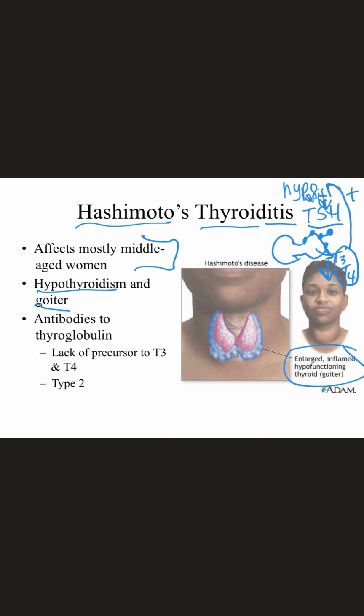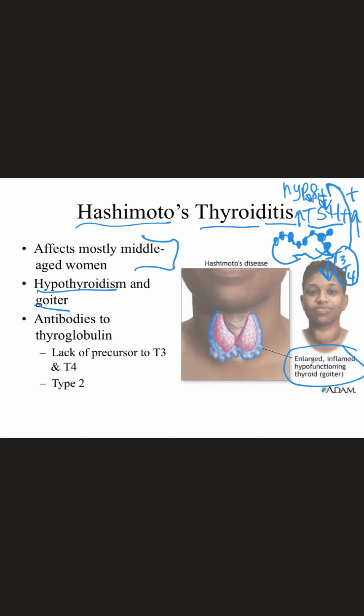But if that T3 and T4 is never at a homeostatic level, we're going to get this constant feedback to the brain that we don't have enough, and then there will be a large increase in the amount of TSH that's released. Again, because TSH is a substance, it's binding to receptors, and if there's a constant increase in the amount of TSH, it's going to need more receptors to bind to.